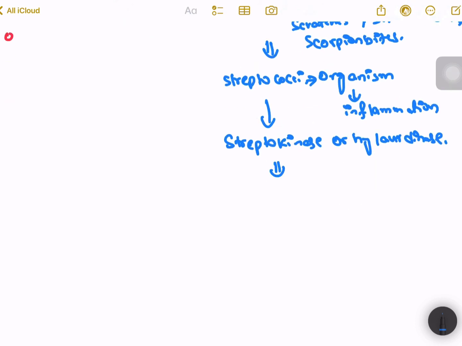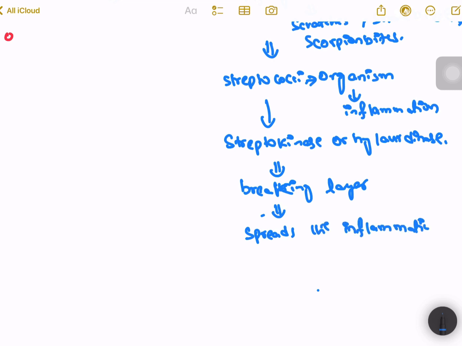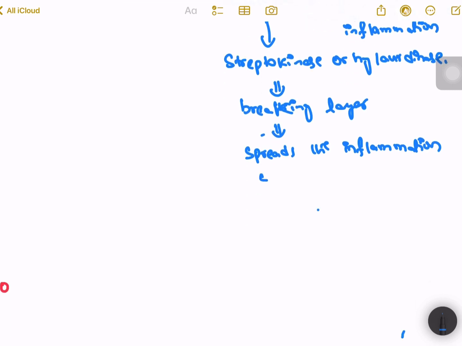This hyaluronidase or streptokinase will break the layers of the tissues surrounding it, and spreads the inflammation without any boundaries. Constantly, it will spread through the total subcutaneous layers.